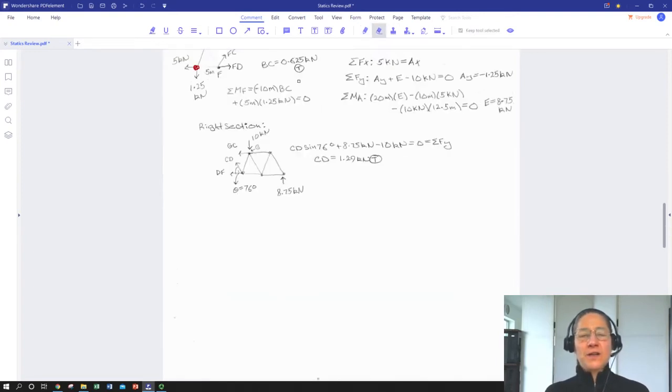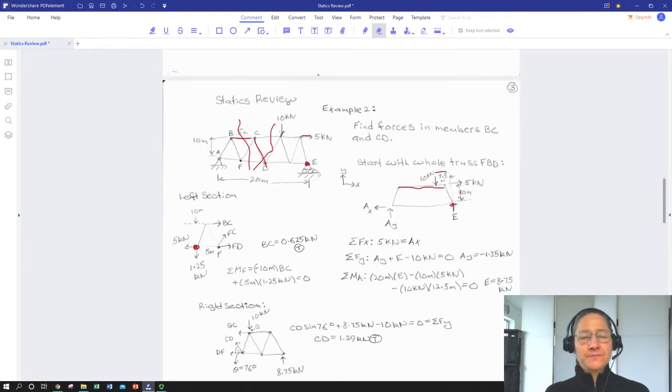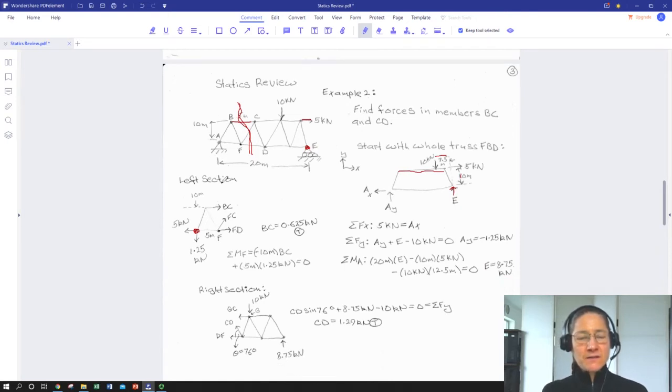So I'm going to erase this other section here. Erase this one for now. So having solved for our support reactions, we're going to look at this section here because it cuts through BC as well as some other things, and so we can draw an FBD of just this left-hand side of the truss, everything on the left-hand section.